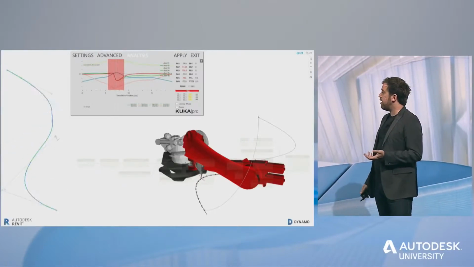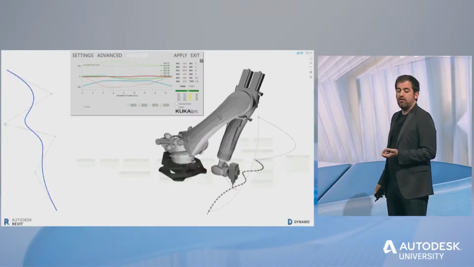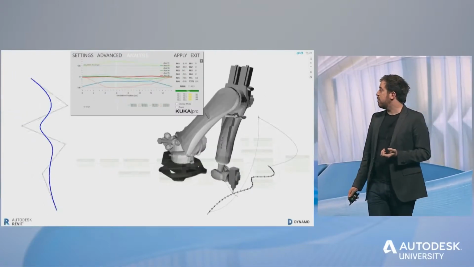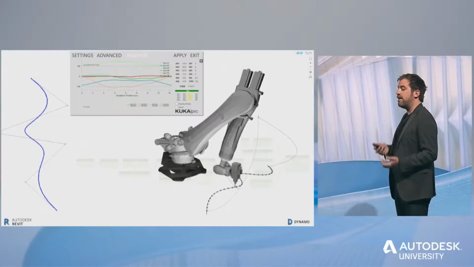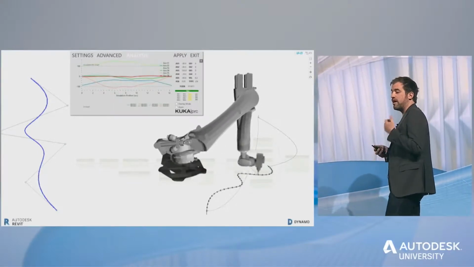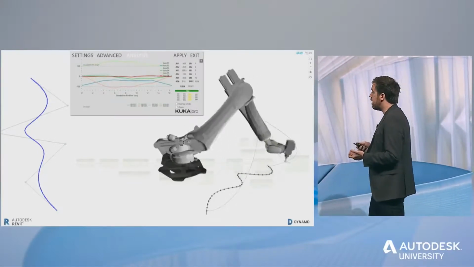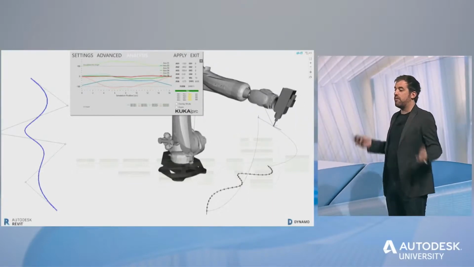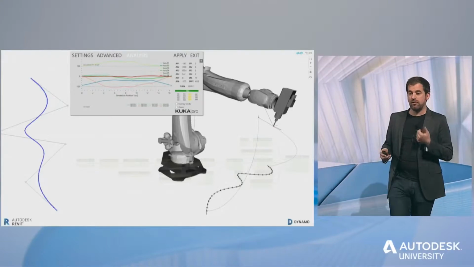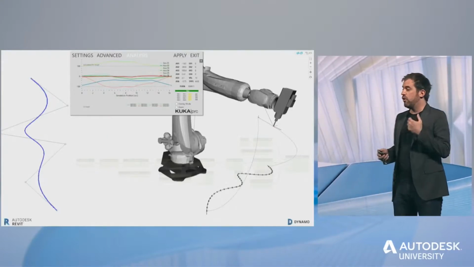If you make any changes to the geometry, the robot is going to react immediately, and you can get this kind of intuitive feeling for the machine. You don't have to become a robot expert to do that, but you can just interact with your very flexible parametric model. You see what works, what doesn't work, and then you can learn from that.